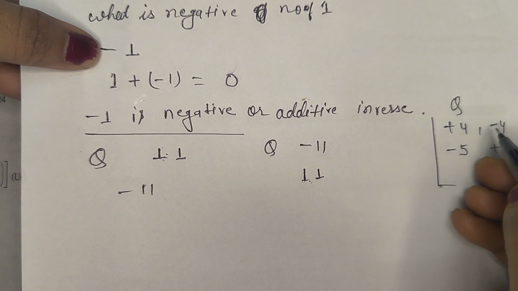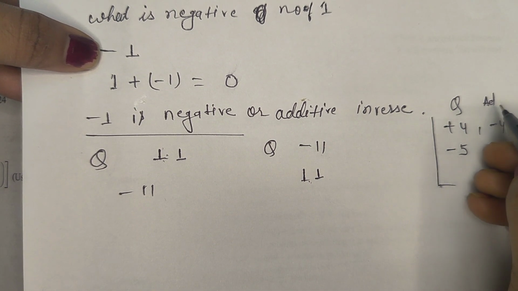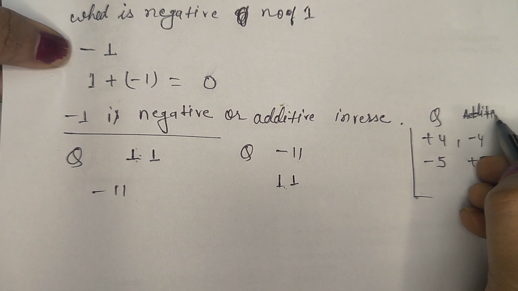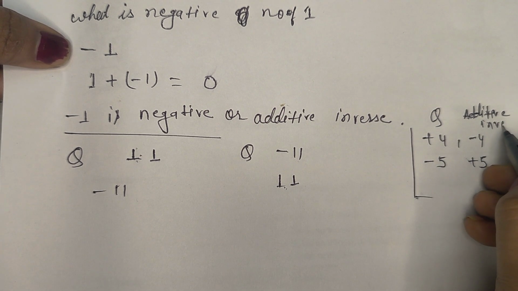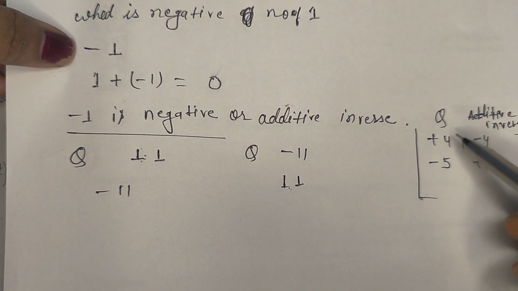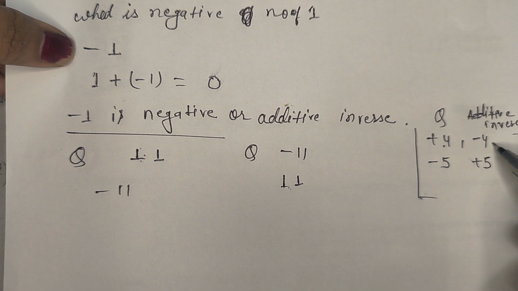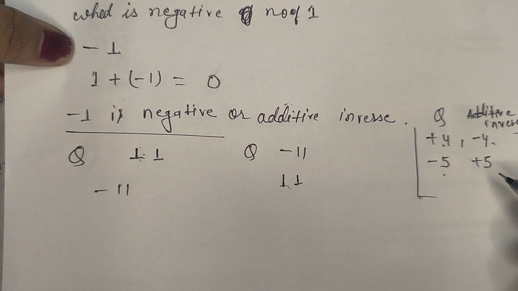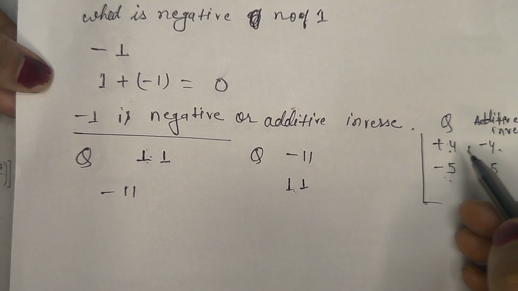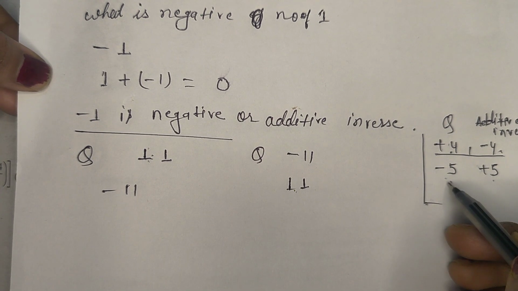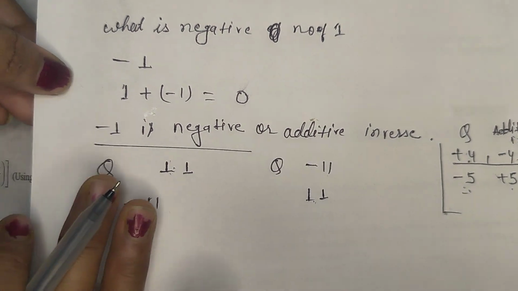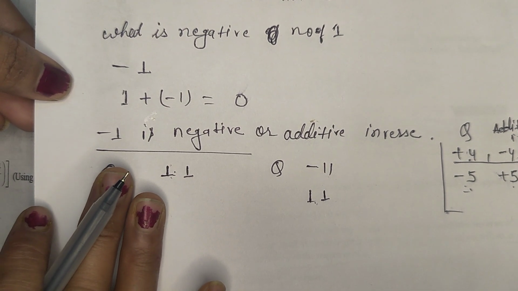This is the additive inverse of any number. The rule is simple. If the question is positive, the answer is negative. If the question is negative, the answer is positive. When you add these numbers, we get 0. This is the basic rule of additive inverse of any number.